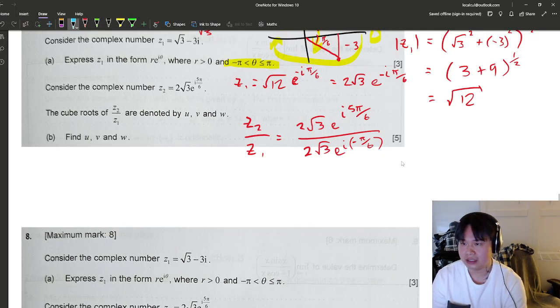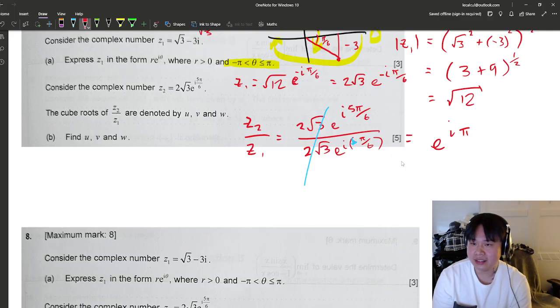So easy peasy, cancel. We're gonna add pi over 6 to 5 pi over 6. So this now becomes literally just e to the i, I think that's a full 6 pi over 6, so pi.